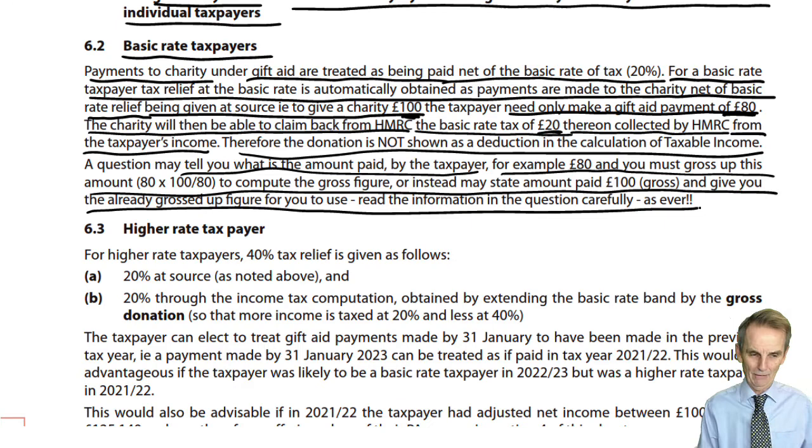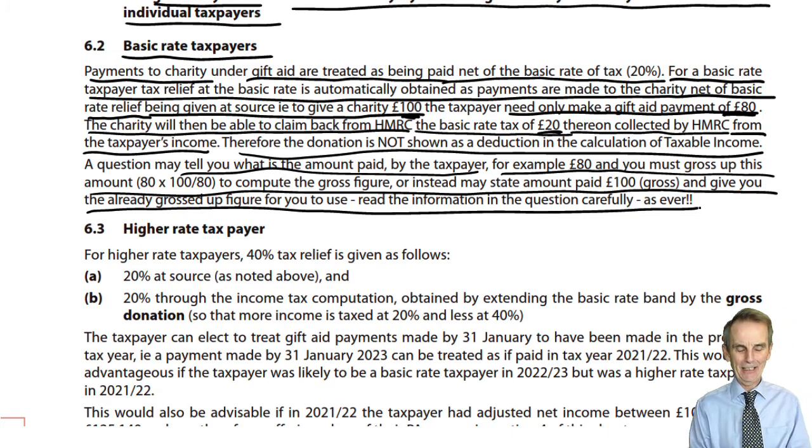But on your income tax computation, there's nothing for you to do if you are just a basic rate taxpayer. Now, the chances are, in an exam question, you're not going to be dealing with just a basic rate taxpayer, because literally there would be nothing for you to do on the face of your income tax computation.